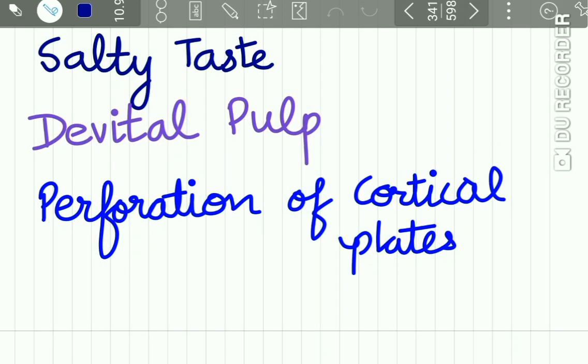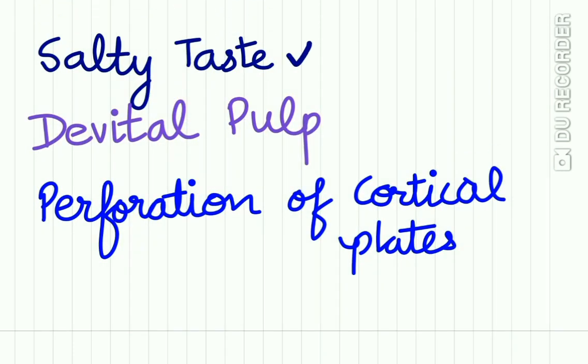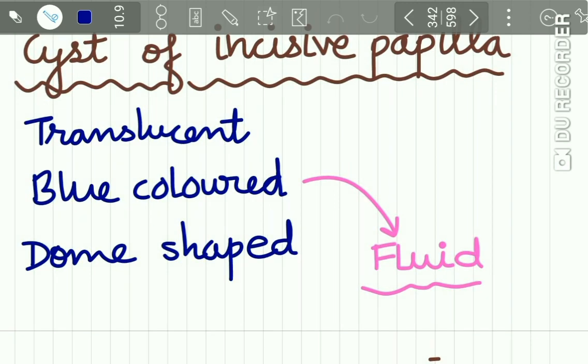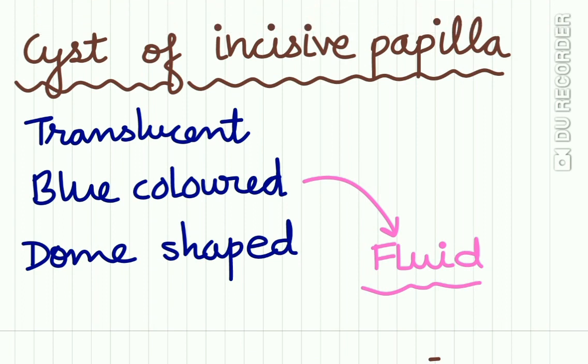Now, the patient with nasopalatine duct cyst complains of a salty taste in the mouth. The teeth involved are non-vital or devital. Sometimes the cyst may cause perforation of the cortical plates. Now, the cysts of the incisive papilla are translucent.